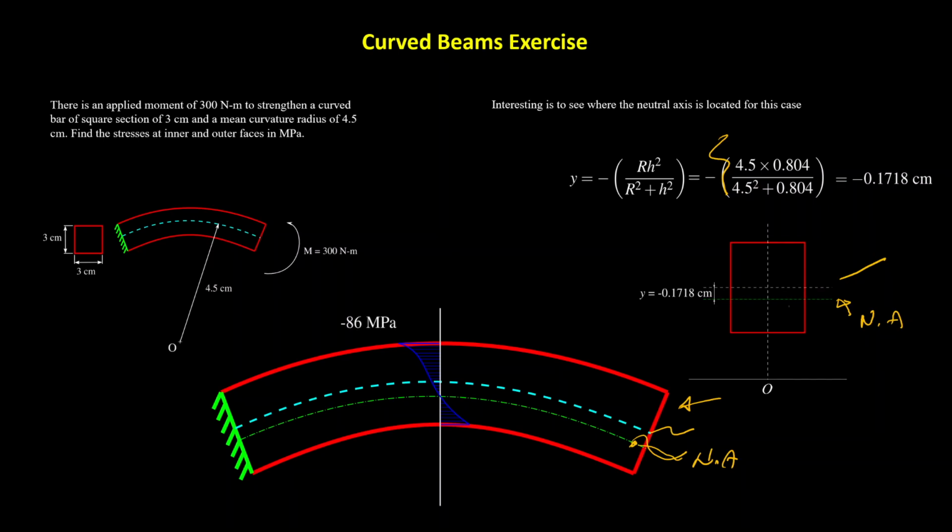So these two stresses calculated could have more or less a shape like this. I have a large compression on the top, and I have a large tensile stress on the bottom, but not as large as the compression.